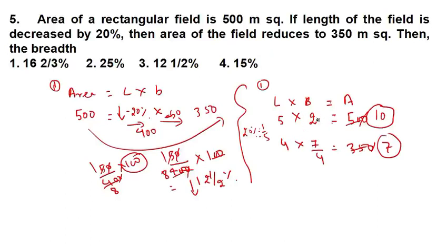So just minus this 2 from 7 by 4. You will get 1 by 4. Then you have to write the actual number of the base, this 2, into 100. So again you get same answer. Just check it. You get 12, 1 by 2%.